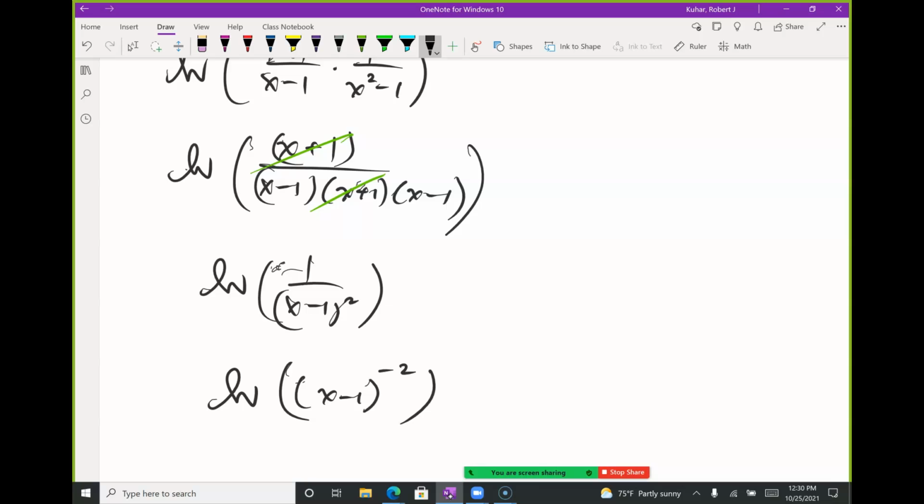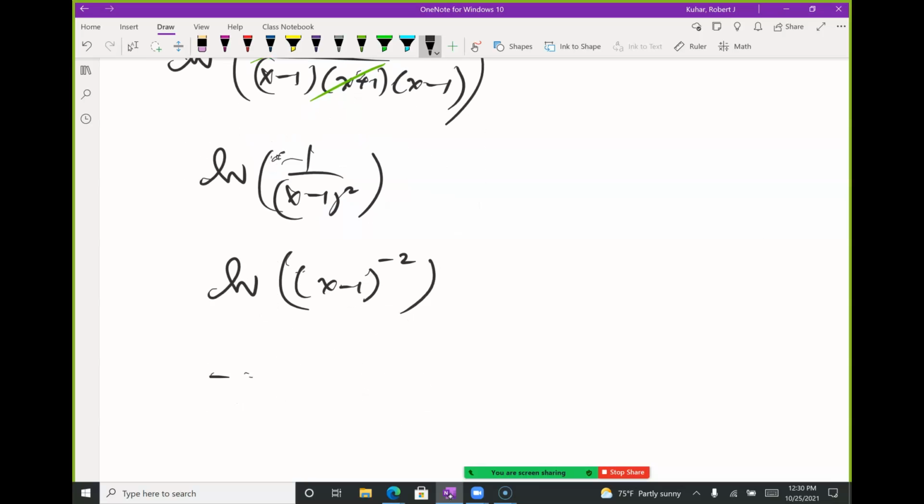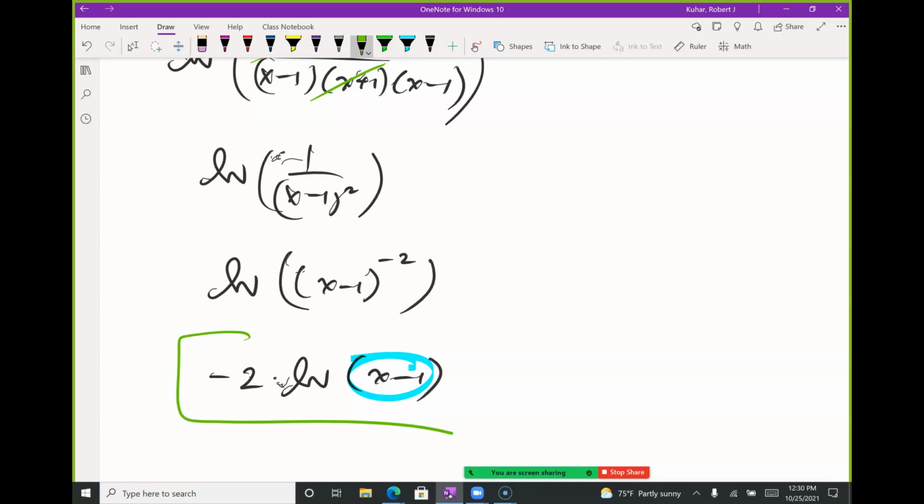And then I can use my property that this negative 2 will come out, and I'll get the negative 2 times the ln of x minus 1. I'm trying to get down to a linear argument of a log function. Is that making sense? I want this piece in here to be an mx plus b. And there's my final answer.